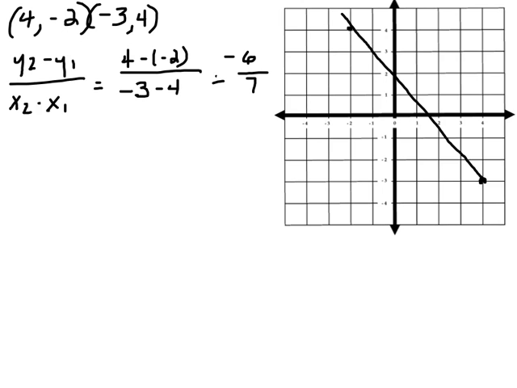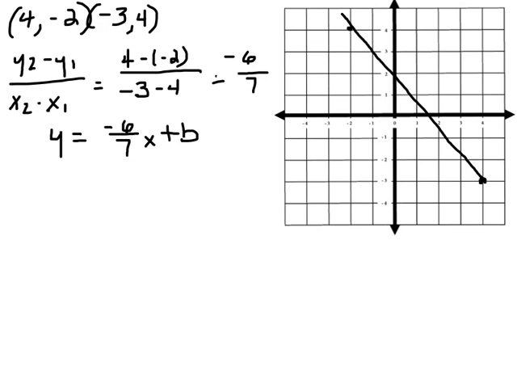So my slope is negative 6/7, and y equals negative 6/7 x plus b. Now what I want to do is find the exact location of b. And again, I can choose either one of these sets of points.